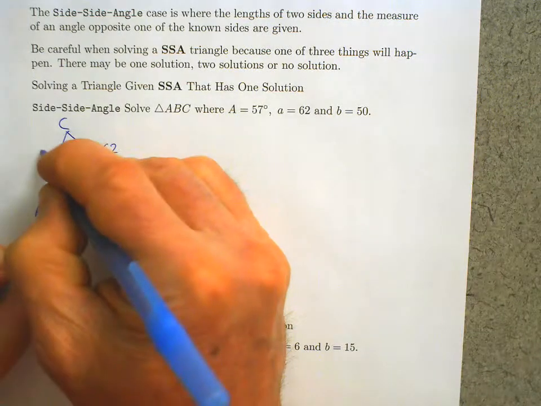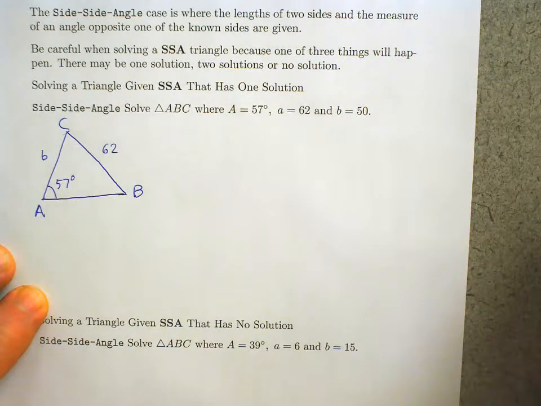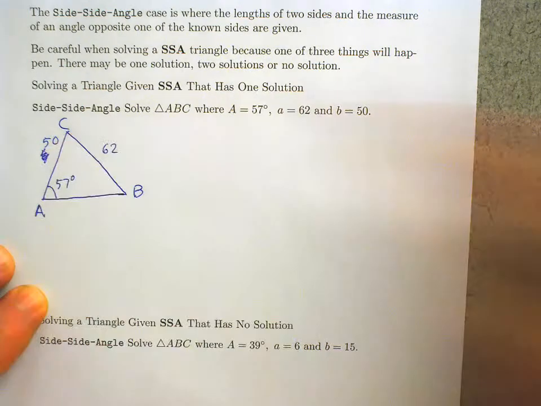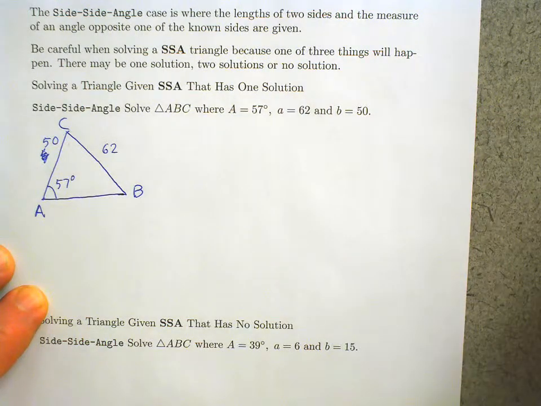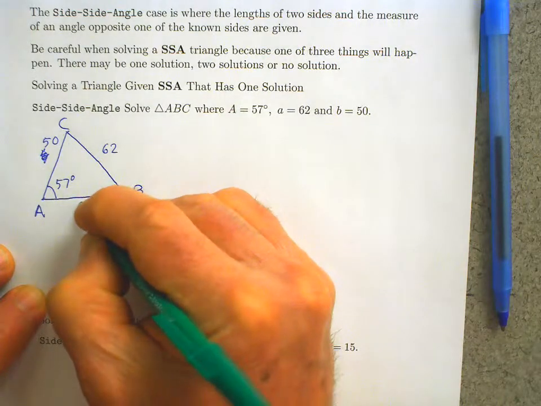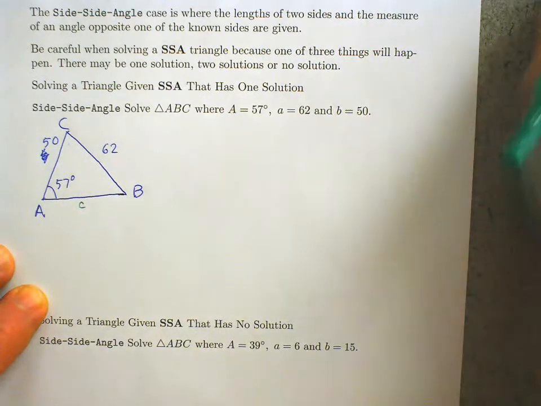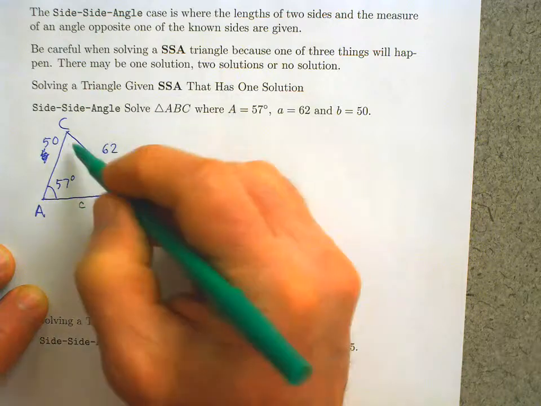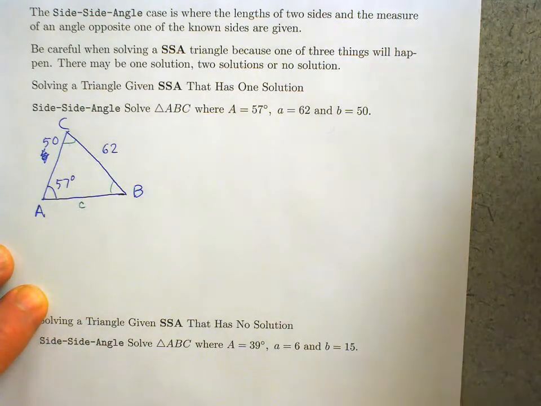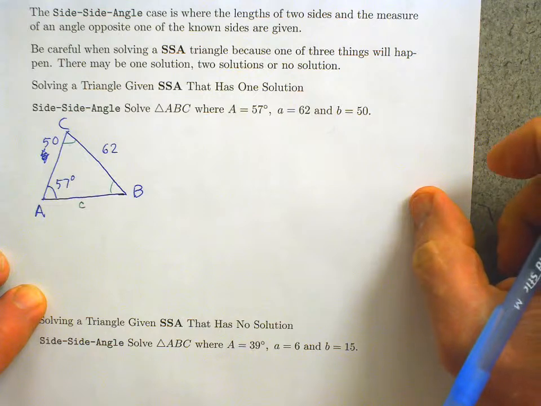And b is given to be 50. So we need to find c, lowercase c, and we only know one of the angles, so we need to find angles B and C.